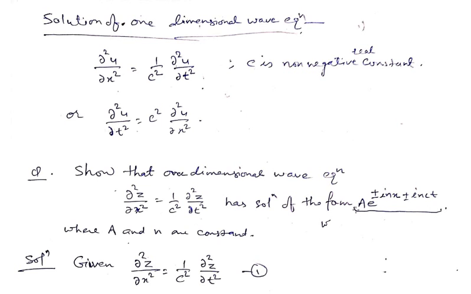Here A is an arbitrary constant and n is also a constant. So we have to show that the general solution of the one-dimensional wave equation contains terms like exponential ±inx or ±inct type.